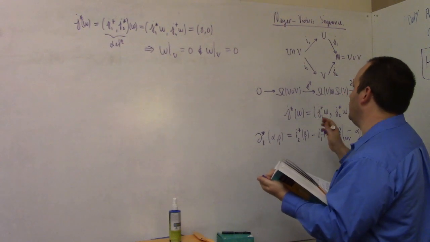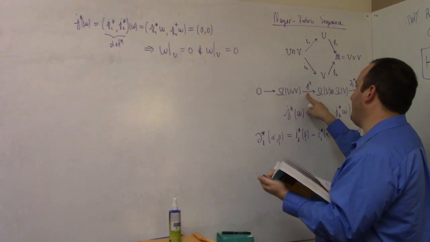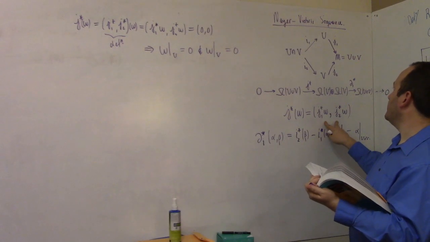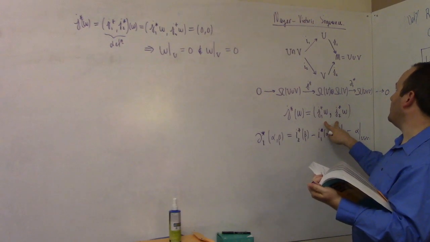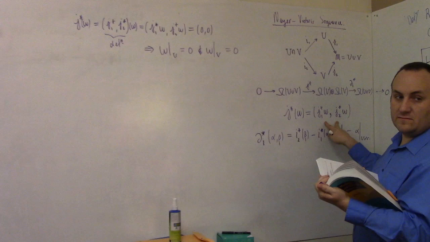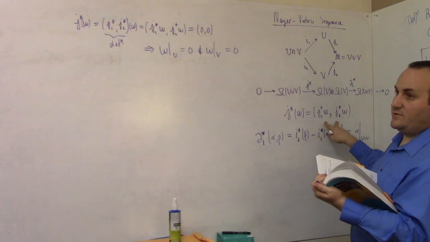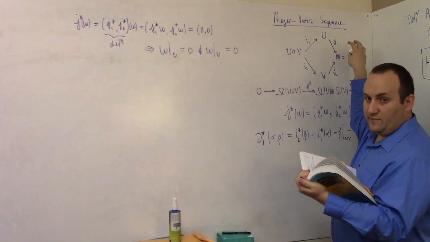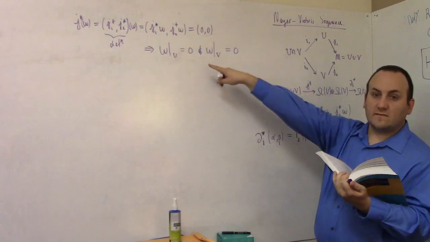We're looking at something in the kernel of J star, right? So J star was defined to be this. When you take the pullback of an inclusion, it's just a restriction. Does that make sense? When you pull back a form from U intersect V to U, all you're doing is taking the domain for the form and restricting it. So that's what this is.